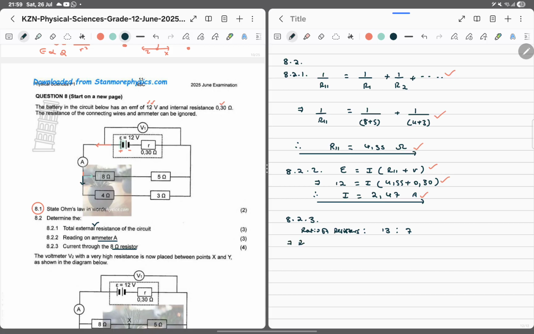This implies that the ratio of current is going to be 7:13. It reverses that. You can see this implies that the current through the 8 ohm resistor is going to be the 7 portions of those 20 portions. We add those two, we multiply by the total current.